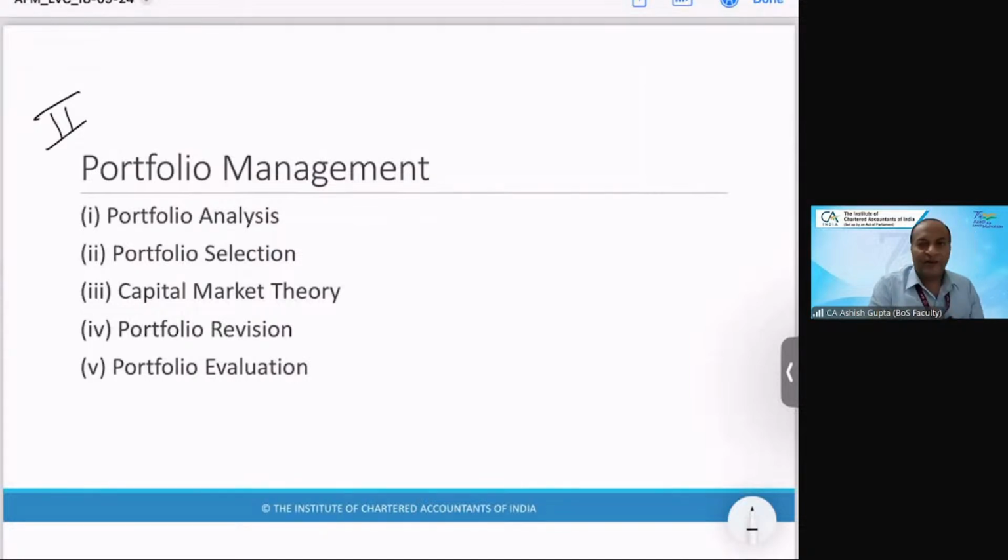that is portfolio management. Students, portfolio management is one of the very important topics for this AFM paper, because a portfolio is a combination of assets. It can be various types of assets like real estate, gold, equity shares, preference shares, or financial securities.